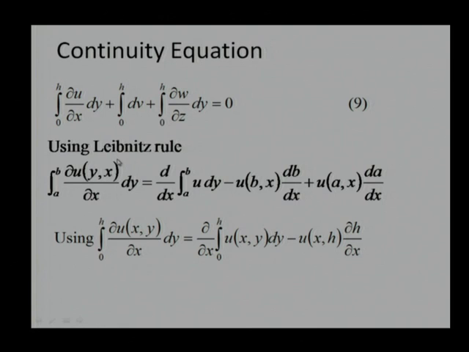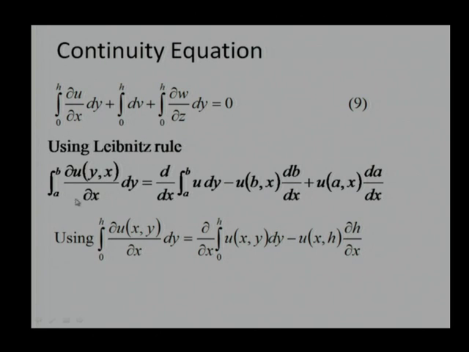Now, we can use the Leibniz rule. What it says is that we can go ahead with partial integration, or step by step integration, since u itself is a function of y and x, and we need to differentiate as well as integrate it.